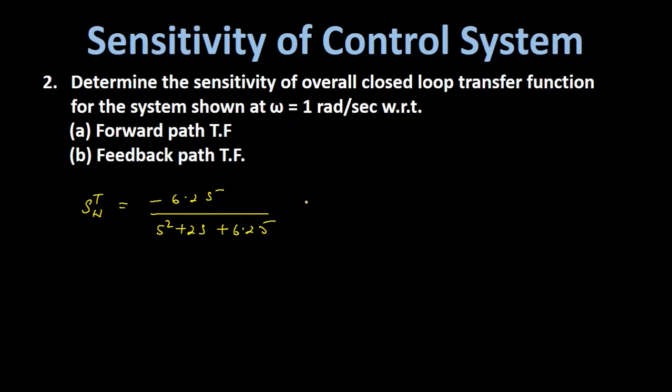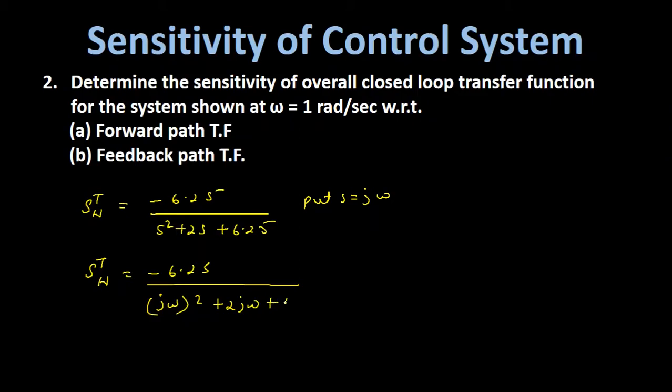From here we will get minus of 6.25 divided by (s square plus 2s plus 6.25). Now in this equation we will put s equal to j omega, then we will get S^T_H equal to minus of 6.25 divided by ((j omega) square plus 2j omega plus 6.25). This will be equal to minus of 6.25 divided by (minus omega square plus 2j omega plus 6.25).